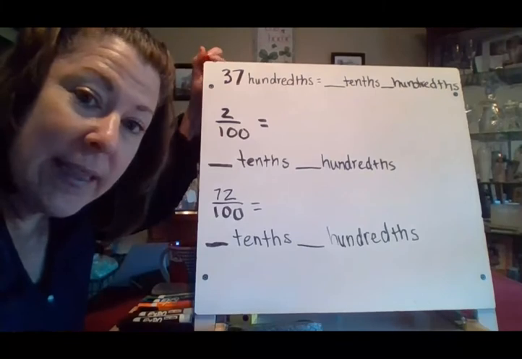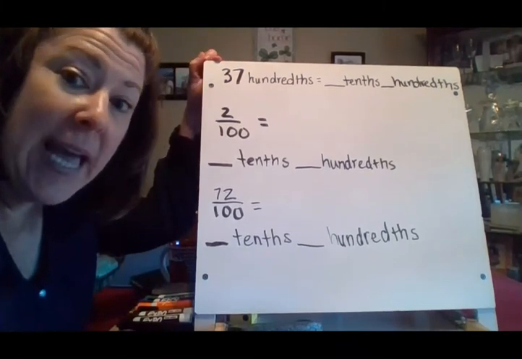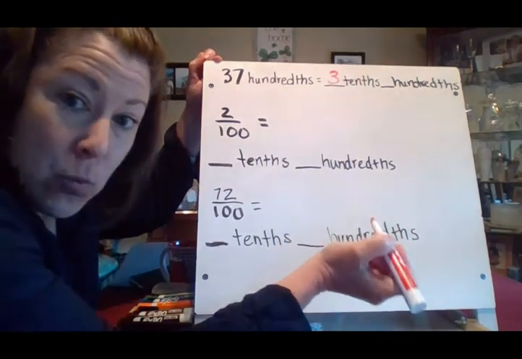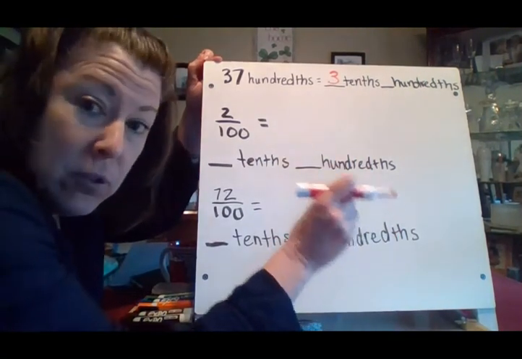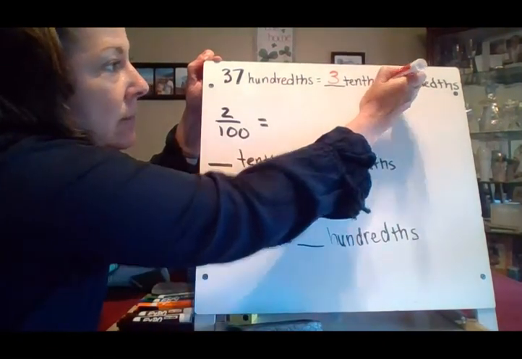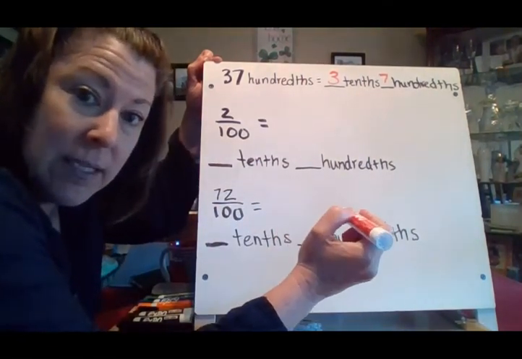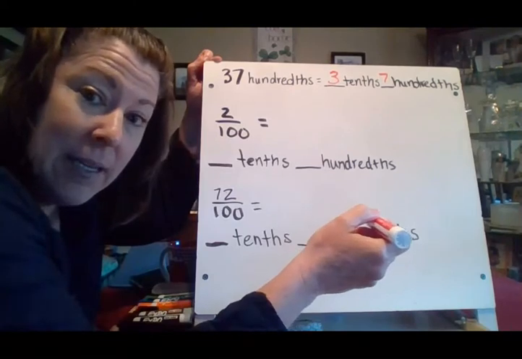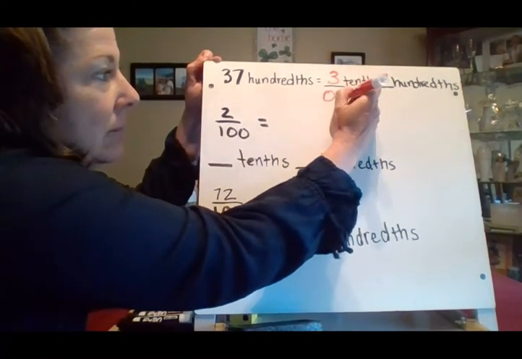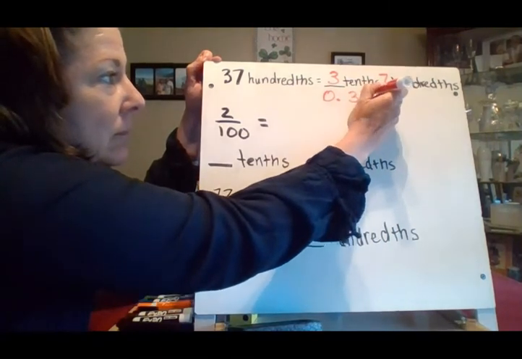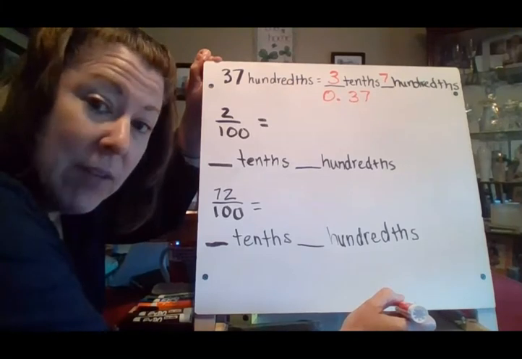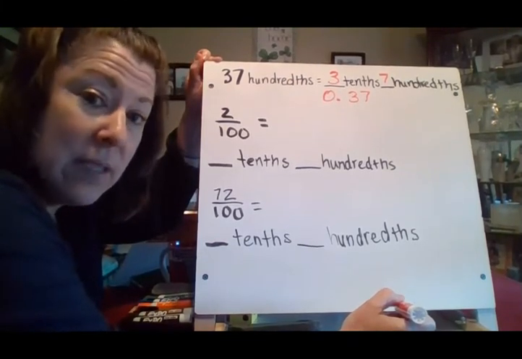So we saw in that tape diagram that we had 3/10, 3 full columns, and then an extra 7 hundredths. So that means my decimal is going to be 0.37, also read as 37 hundredths.